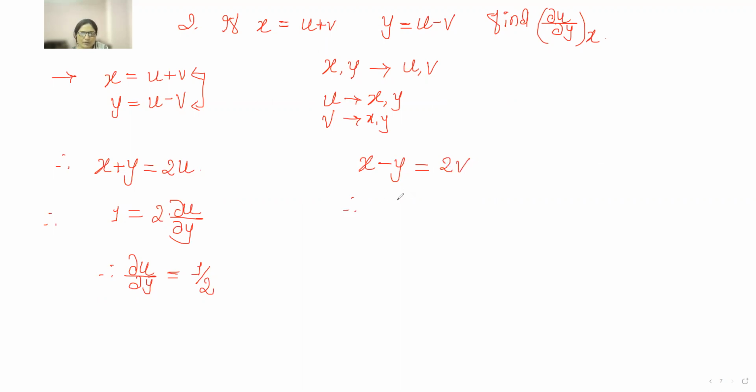Therefore, derivative of this v with respect to y, it is minus 1, is equal to 2 into dou v by dou y. So dou v by dou y is equal to minus 1 upon 2. Do you understand this? Yes.